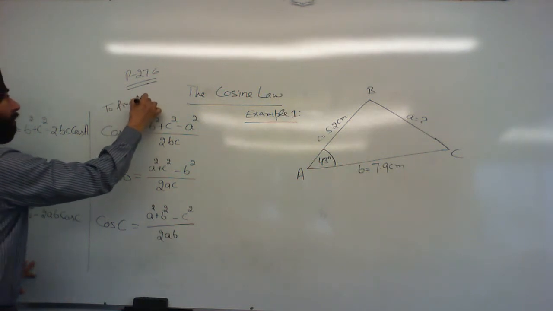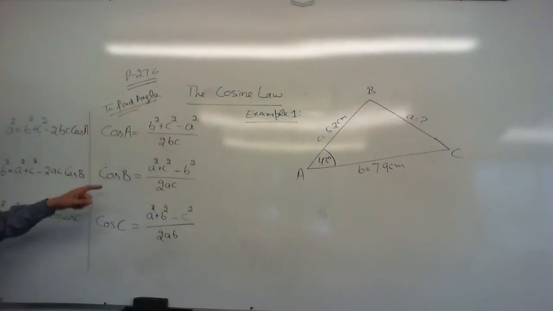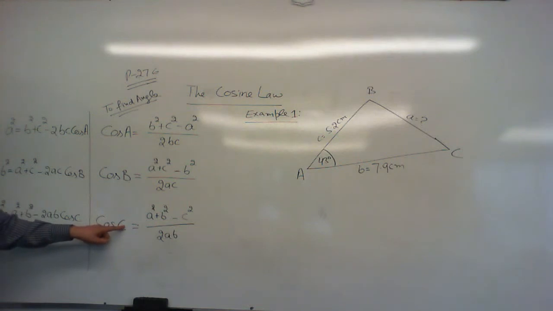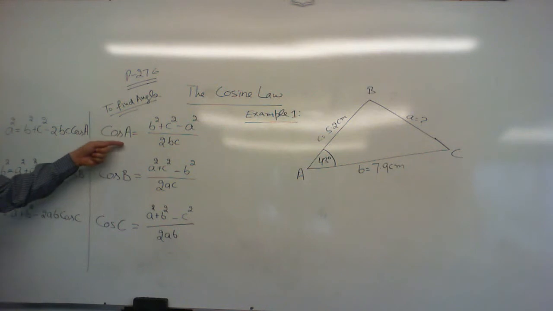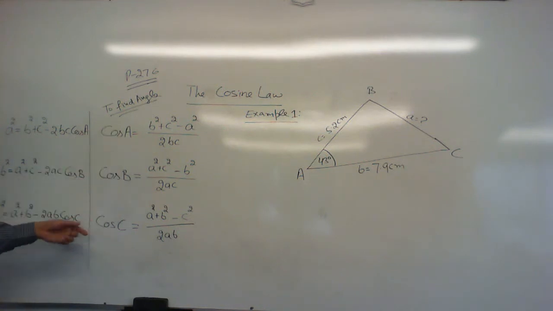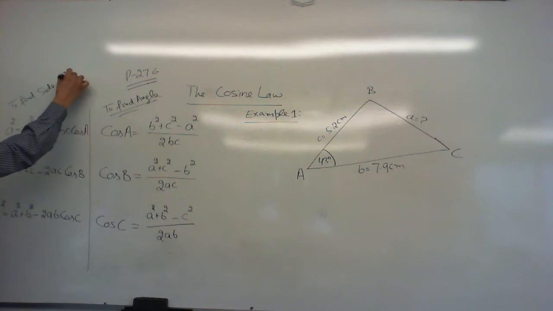To find the angle, you should use one of these three formulas, because A is an angle, B is angle, C is angle, right? Whenever the question is to find the angle using a cos law, you will use one of these three formulas. These three formulas are to be used to find side length, because A is a side length, B is a side length, C is a side length.